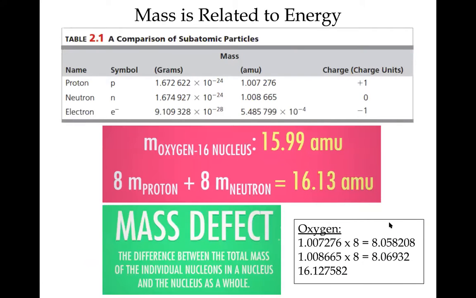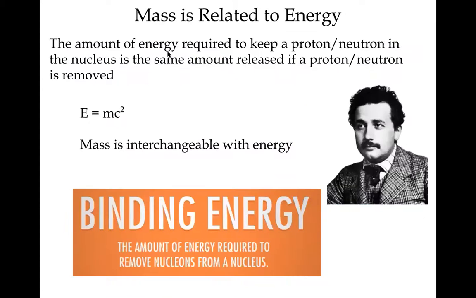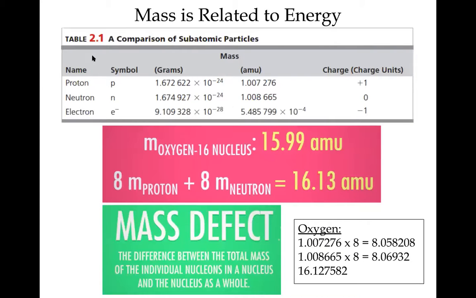And we can also account for this not just by looking at nuclear decay, but if you were to look at the AMU of protons, getting ahead of myself, right? So 1.007276, and the AMU of neutrons 1.008665. And you say, okay, well, I want to see what the mass is of oxygen. It has 8 protons and 8 neutrons.